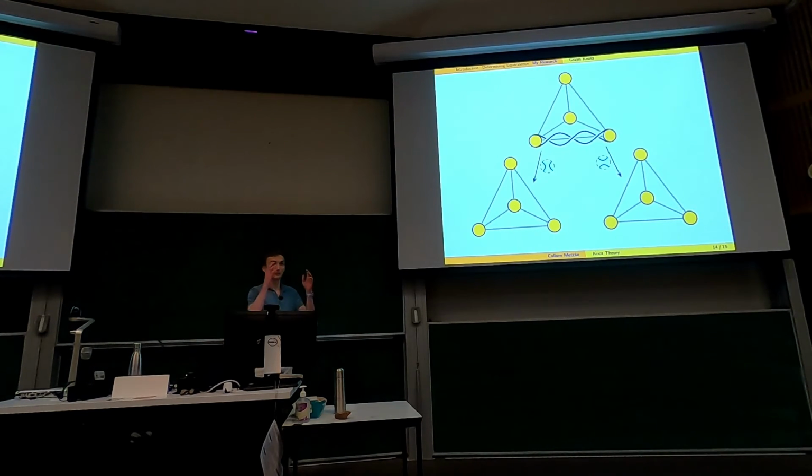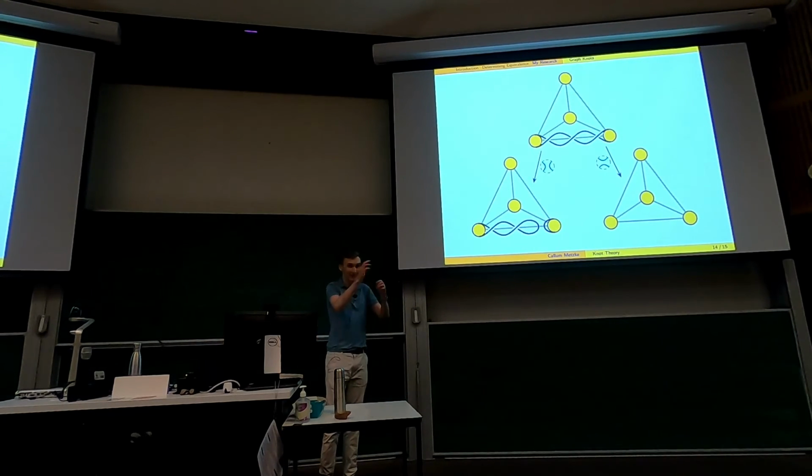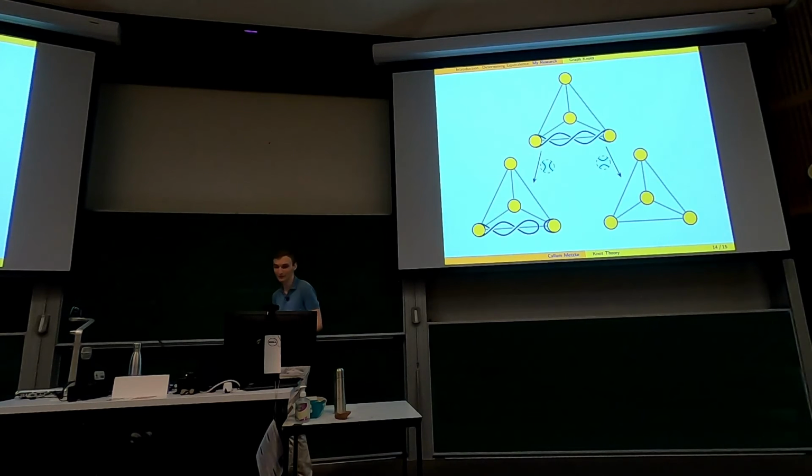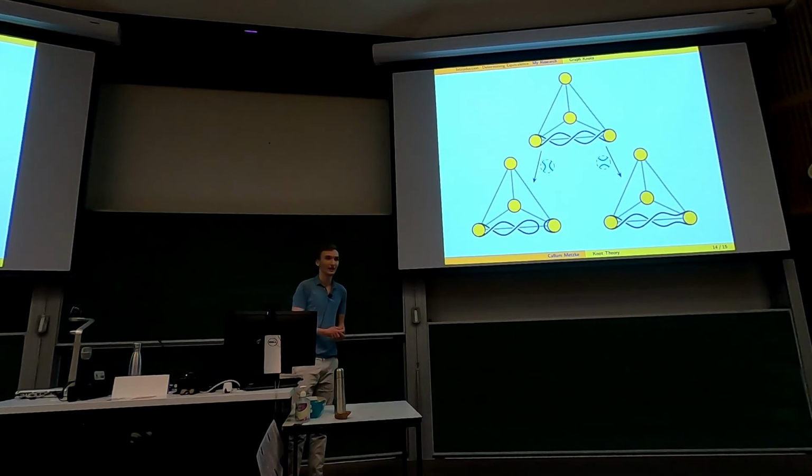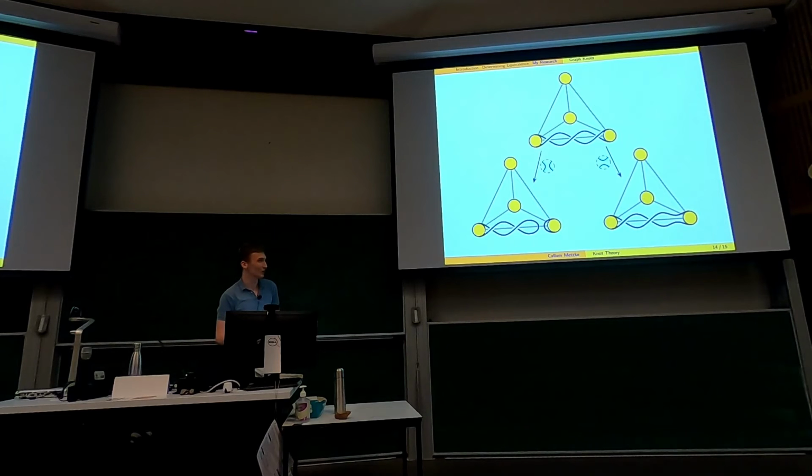In the case that we do this vertical smoothing, we get a disconnect, where we now have a hole in the graph. And in the other case, where we have this horizontal smoothing, we get another helix that has just one less crossing. So we've simplified it a bit more.